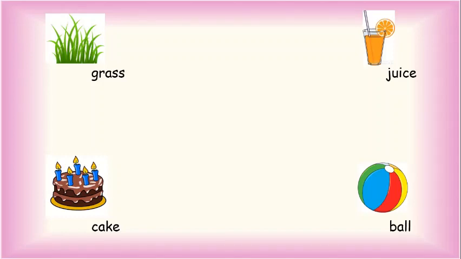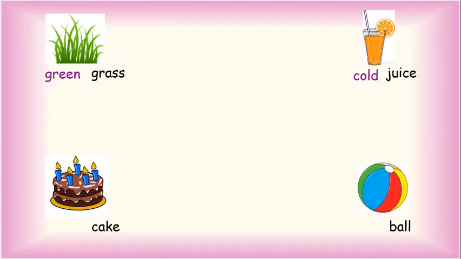The first is grass. How can we explain grass? Let's say green grass because its color is green. Then we have juice. The juice is cold. So cold juice.